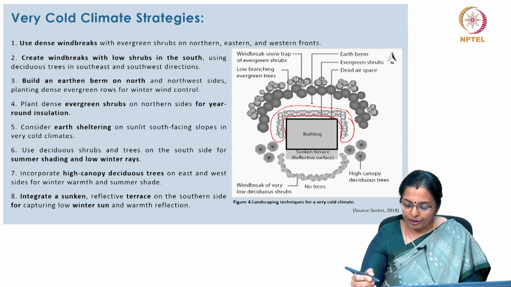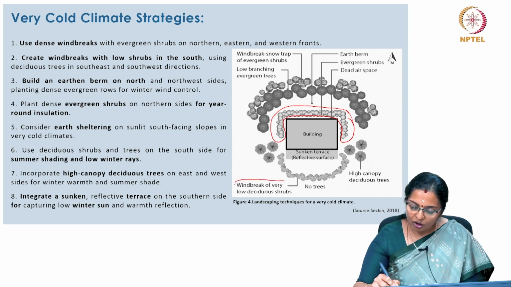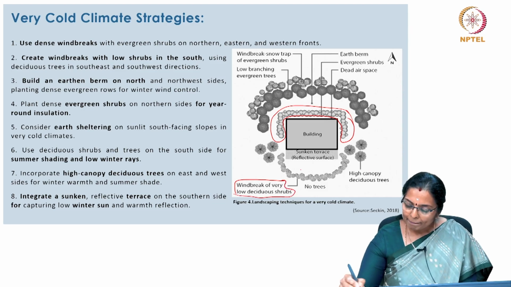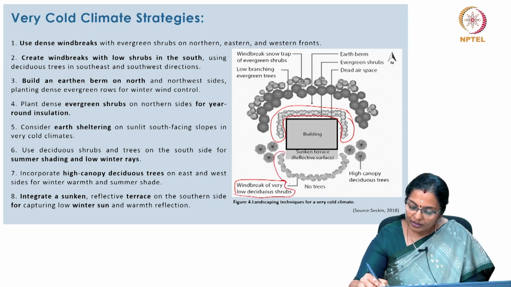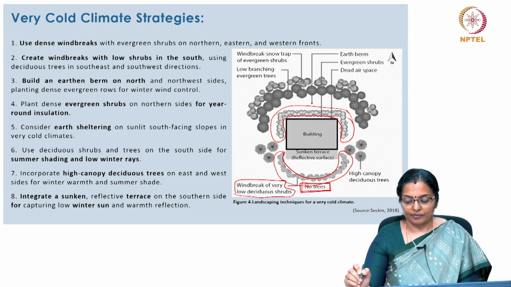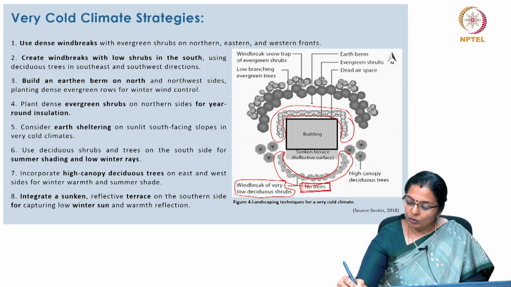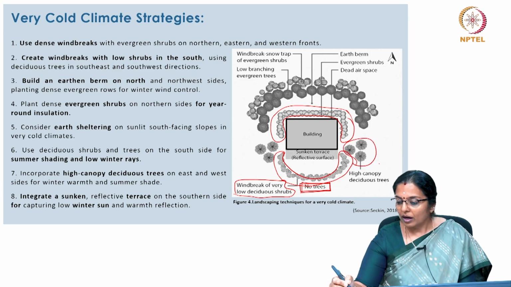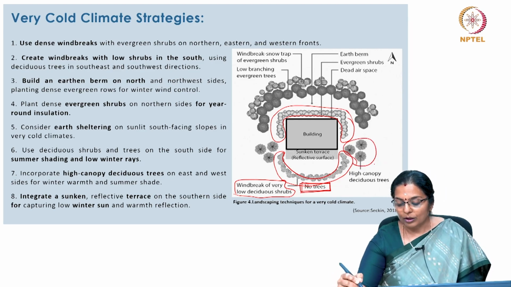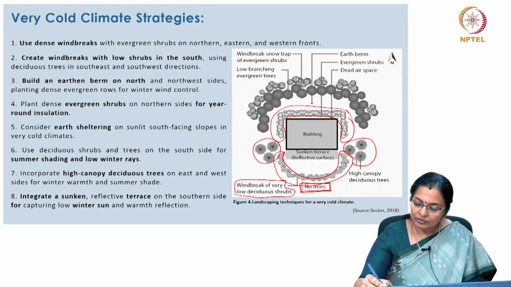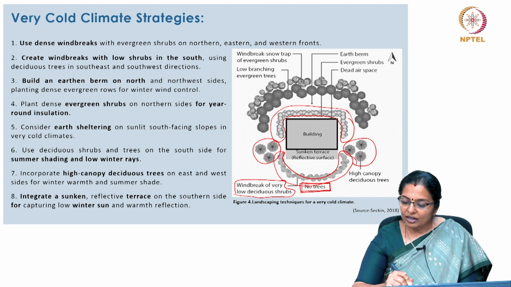So, it is important to have windbreak of very low deciduous shrubs along the south side, and there must be absence of trees. We can use very high canopy deciduous trees along the south or southeast and northwest.